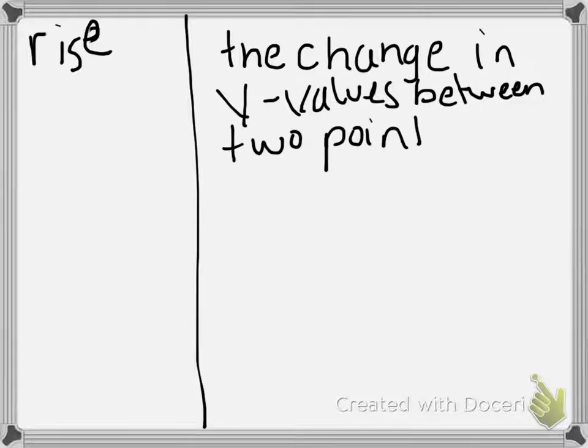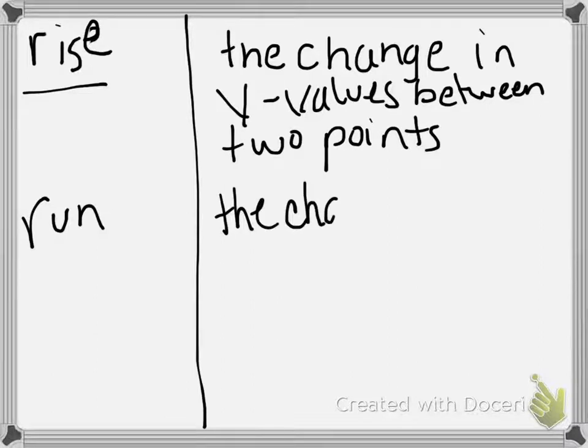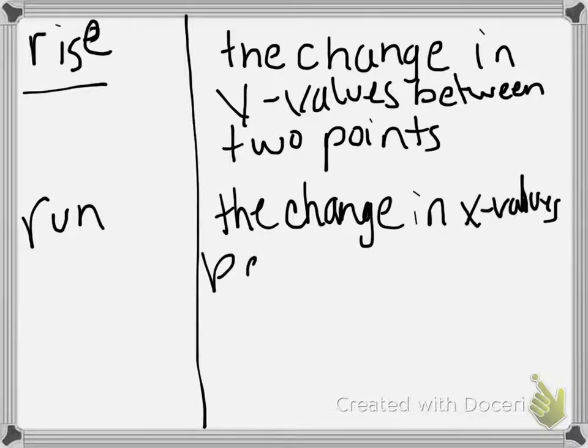In other words, how much did the line go up or down? And then your run is the opposite. It's the change in x values between 2 points.